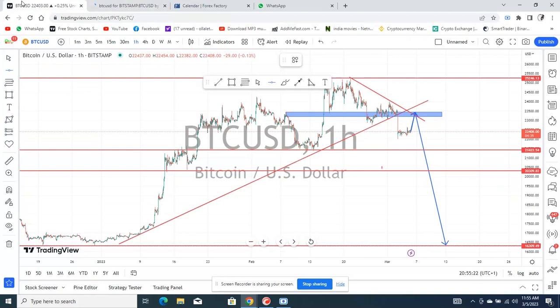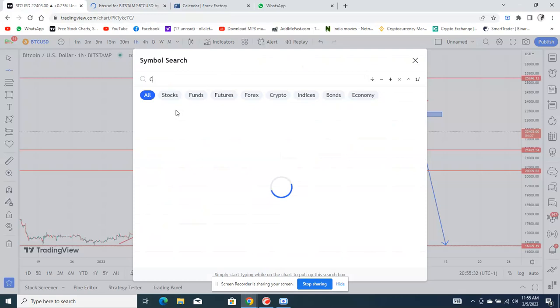So I have one particular coin like that again, C98, underrated.